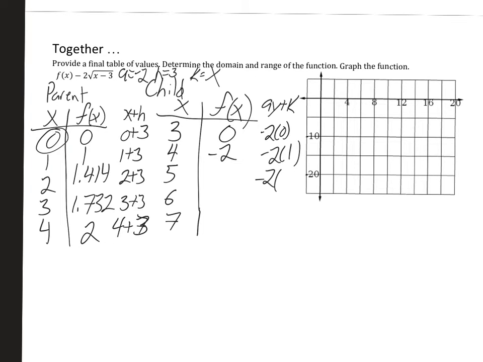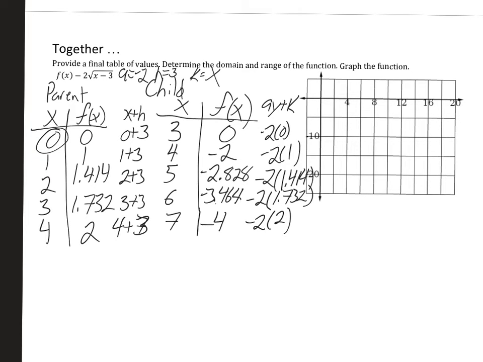Negative 2 times 1.414 is negative 2.828. Negative 2 times 1.732 is negative 3.464. And then negative 2 times 2, that's just negative 4.